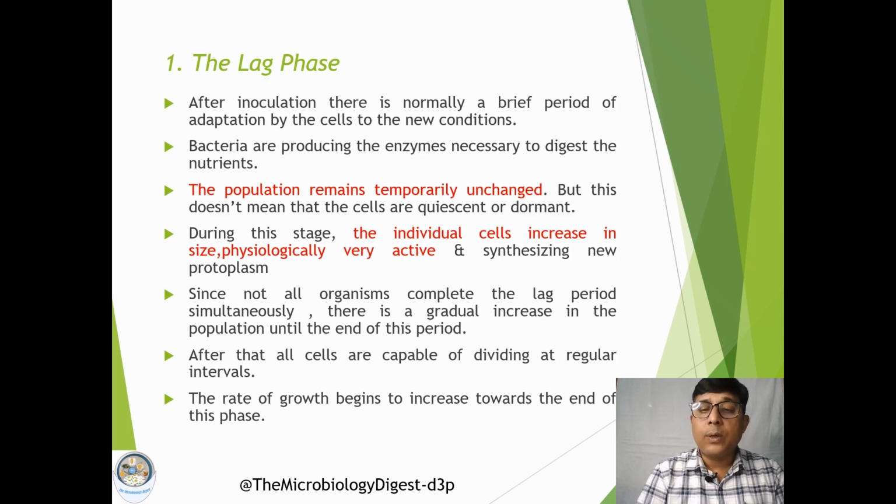So when we inoculate the organisms to a new environment or new medium, the bacterial cells need to adapt themselves to the new environment. During this period, the population generally remains unchanged, meaning there will be no growth of the organism, but still the bacterial cells are trying to adapt to the new environment.